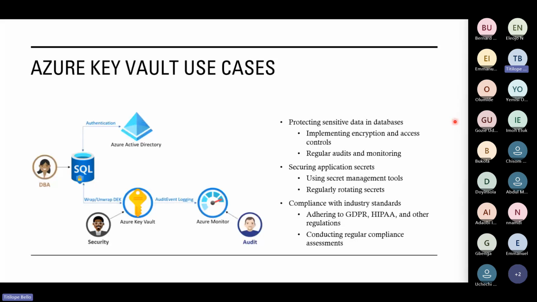What is a connection string? A connection string is like a URL, right? It has information like the server IP address, the username, the password, and the database name that you want to connect to on that particular server. That is what makes up a connection string.